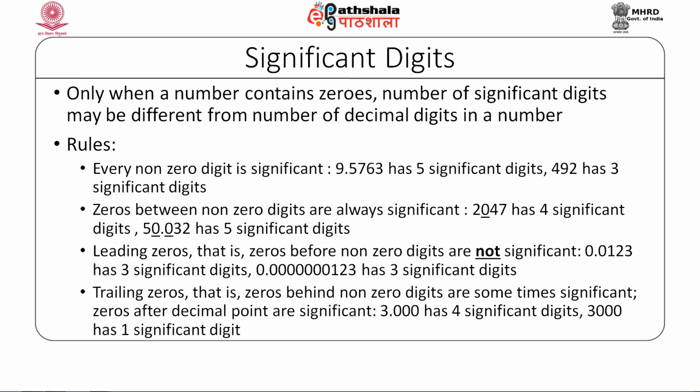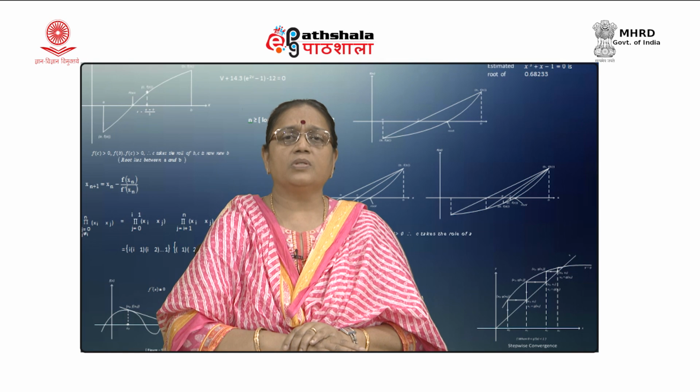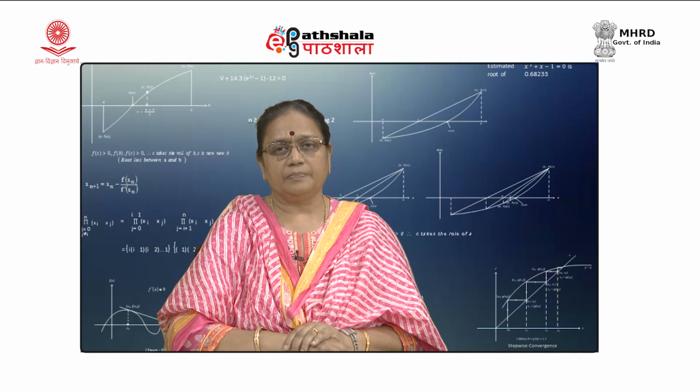Finally, the trailing zeros, that is, zeros behind non-zero digits, are sometimes significant and sometimes not. If they occur after the decimal sign, they are significant, like in 3.000, because that means that up to those 3 decimal places the numbers are zeros.